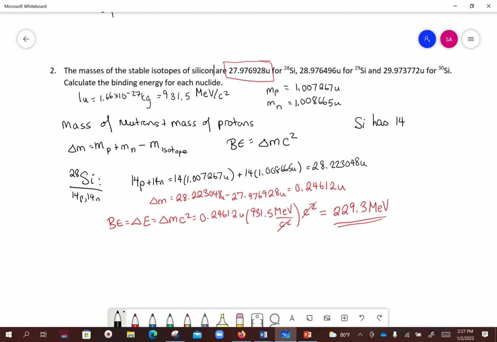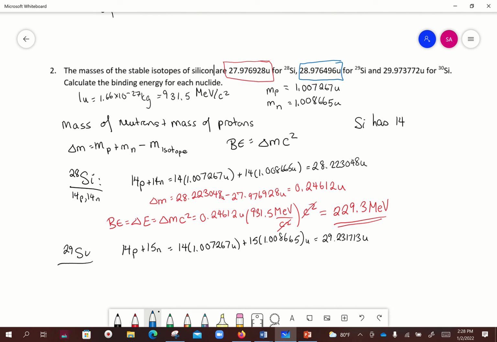Okay, let's do the next one. So now I've got silicon 29, and what the difference is now, it still has 14 protons because it's silicon, but now it's got 1 extra neutron in there, so it's going to be slightly heavier. So let's go ahead, put in proton mass and the neutron mass. So now I get 29.231713 U. And the mass of the nucleus, I'll do it in blue this time.